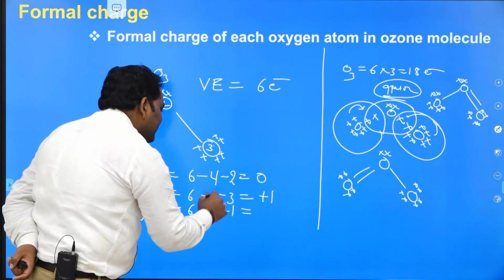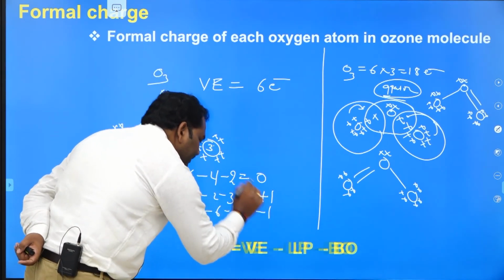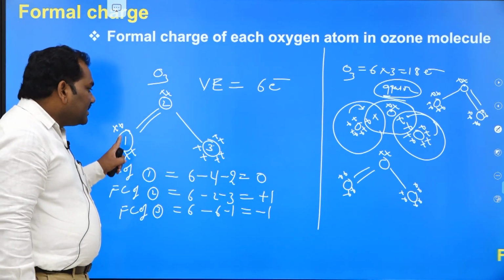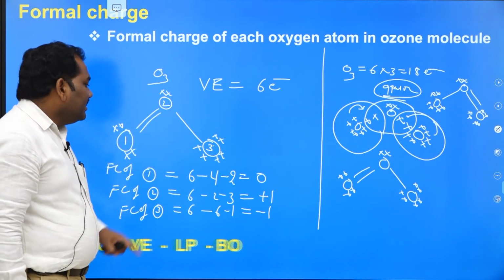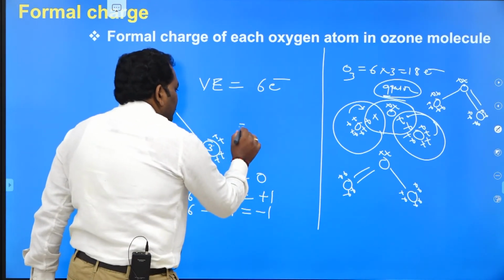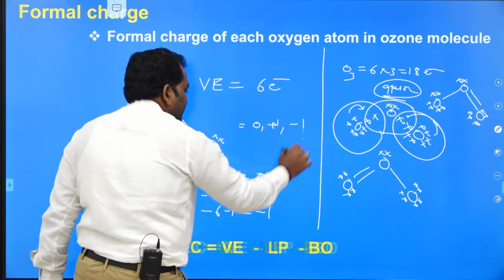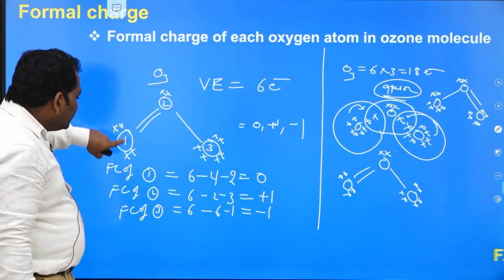So 6 minus 6 minus 1 is equal to minus 1. So the formal charges of oxygen 1, oxygen 2, oxygen 3 are 0, plus 1, minus 1. This is the order of formal charge according to this notation.